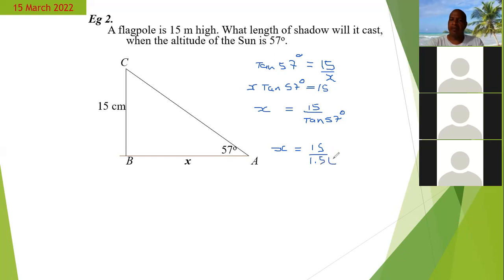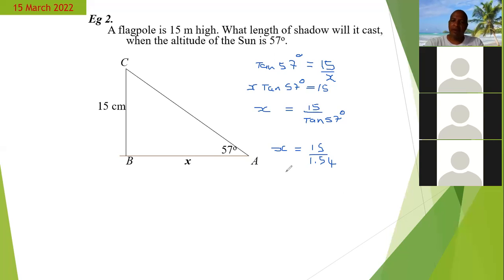One other thing I must bring to your attention, students: for the sine and the cosine ratios, you will never get a value which is greater than 1. That is for the sine and cosine. But for the tan, you can get a value greater than 1, or a value which is 1 or more. Is that clear, guys? So that's something to bear in mind.